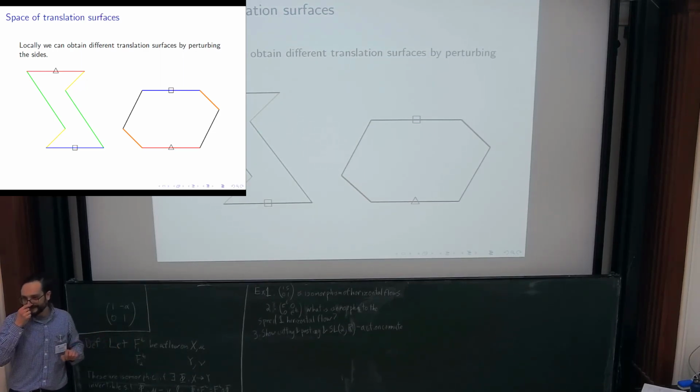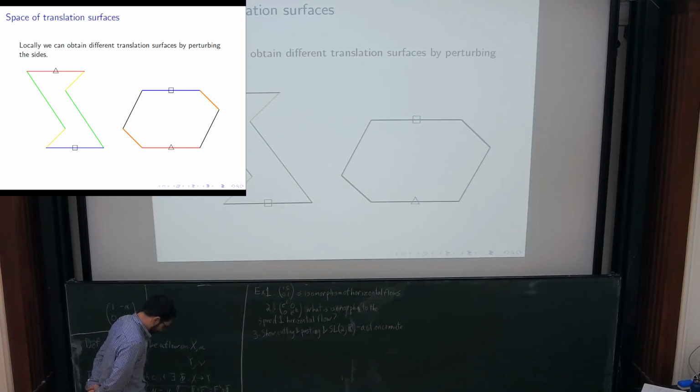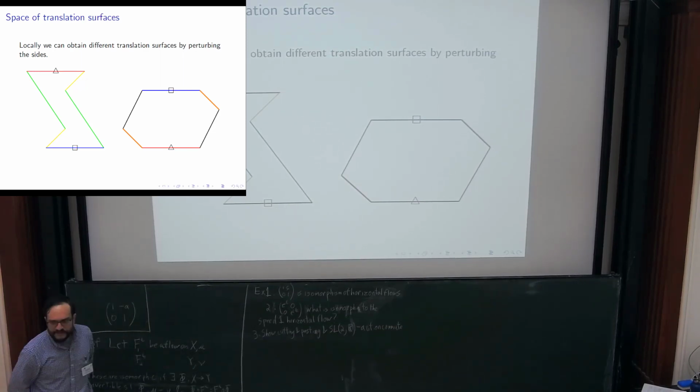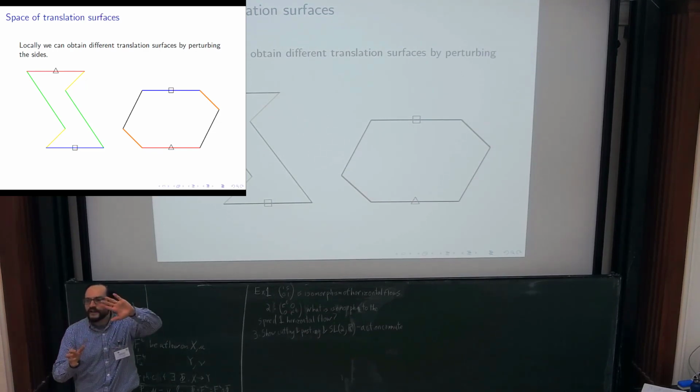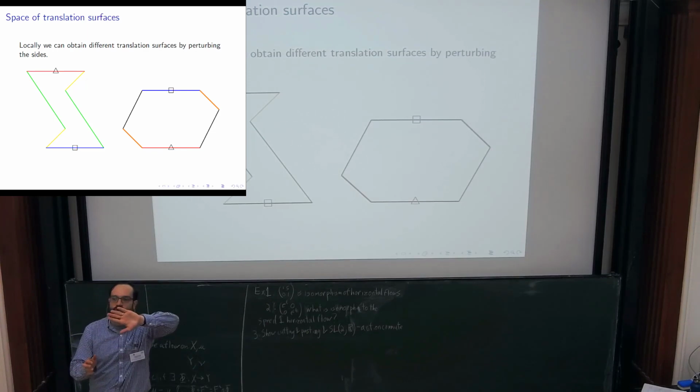You're interchangeably calling two different things the space of translation surfaces. Is the space of translation surfaces the space of surfaces I get by gluing, or the space of pairs where it's a surface and a direction? One is kind of a circle over the other. The gluings are always only translations allowed; you're not allowed to rotate when you glue.